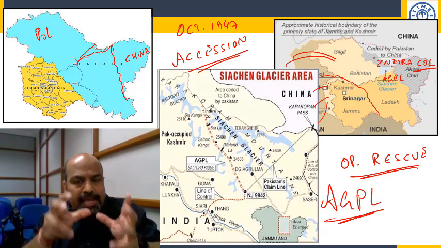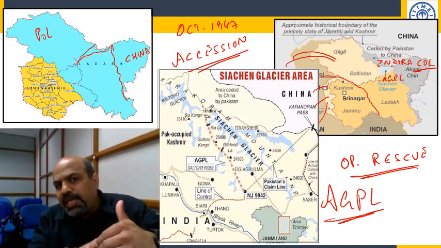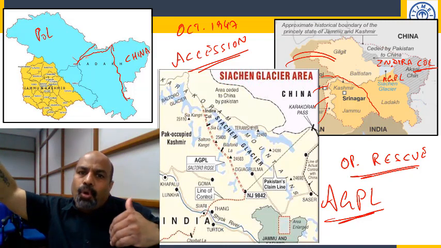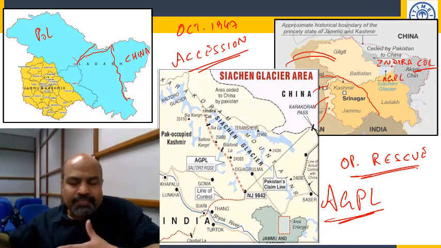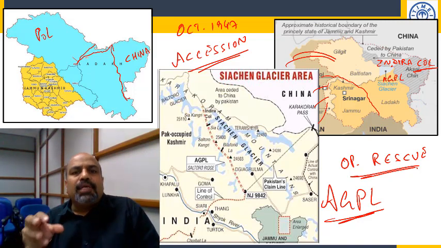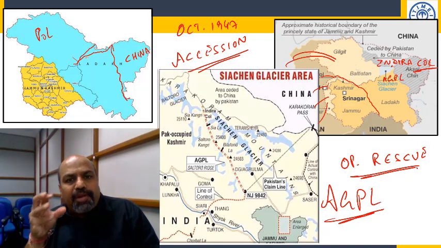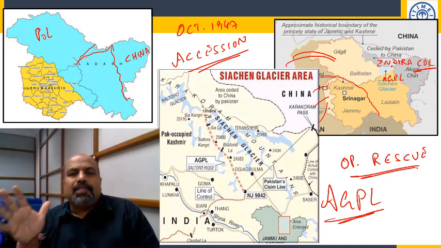So the AGPL starts from the point the LOC ends and goes till the Indira Col, INDIRA, Indira Col, COL. The Indira Col is a tri-junction where you would find areas controlled by three countries: Pakistan, India, and China.